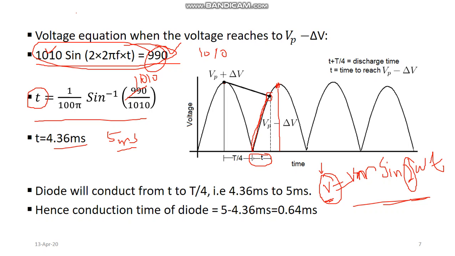And one important point is that this angle is not in degrees, this is in radian. So if you do the calculations in degree, you will get a wrong answer. So you have to do the calculations in radian. And now we know when the diodes will conduct. We have already discussed this in our previous lecture as well, that this diode will conduct only when this capacitor reaches its lower limit.